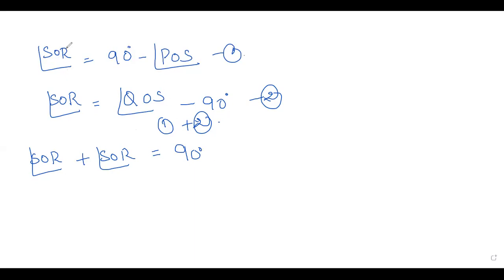SOR plus SOR is equal to, write the first equation, that is 90 degree minus POS plus QOS minus 90 degree. So I will cancel 90 degree and 90 degree, both are cancelled.